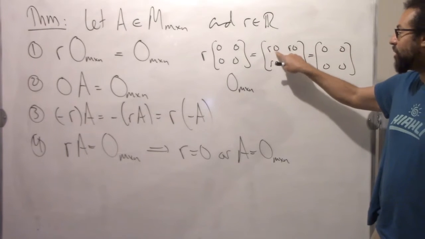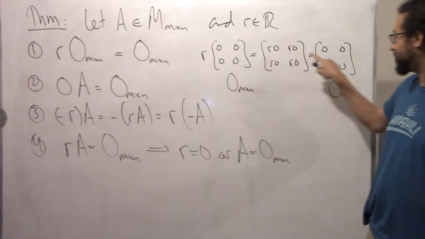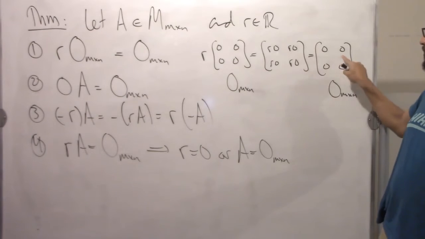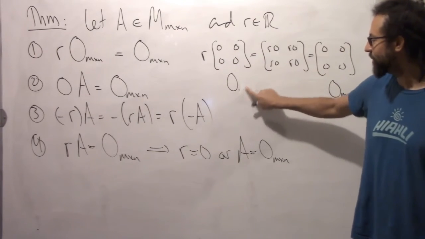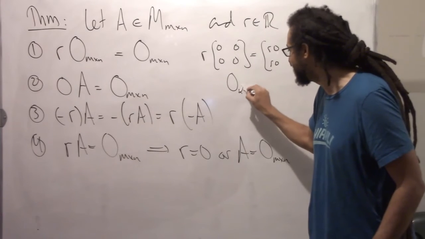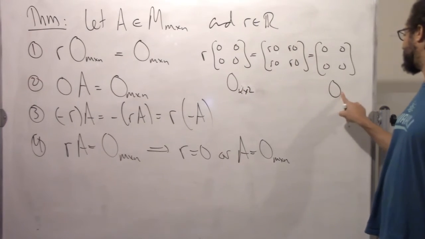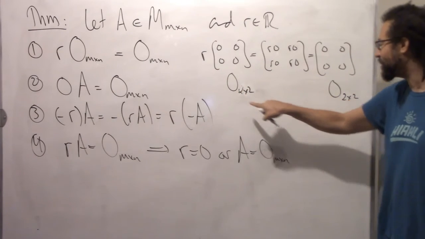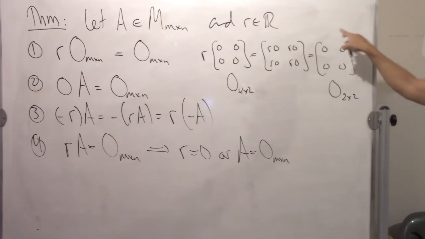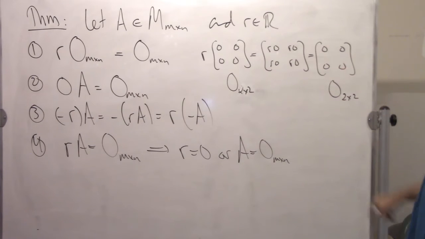The real number R times the real number 0 is just 0. And you get that in every spot. So R times the zero matrix in the 2 by 2 matrices is going to give me the zero matrix in the 2 by 2 matrices.